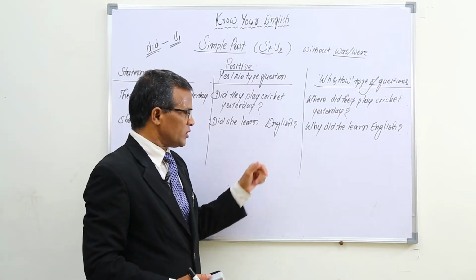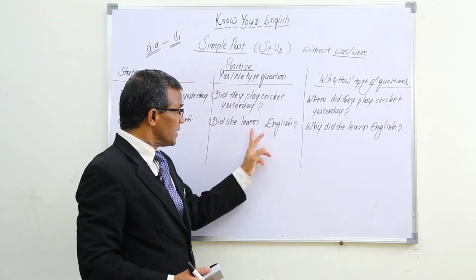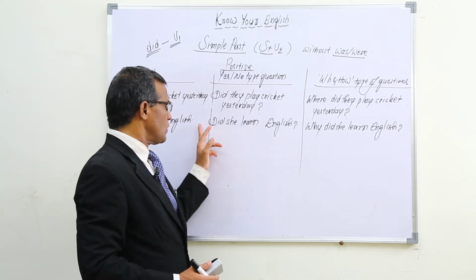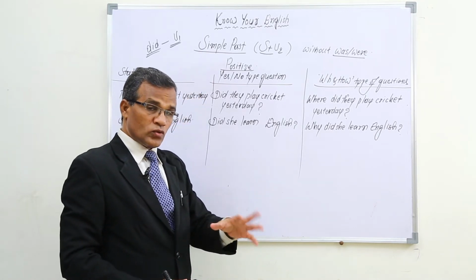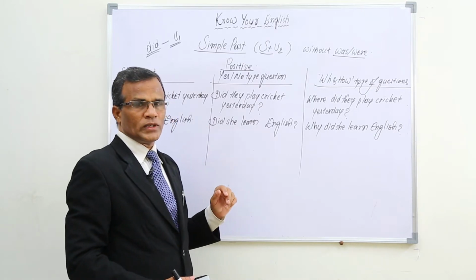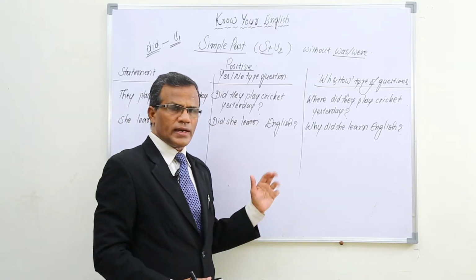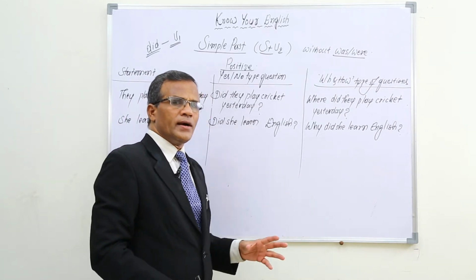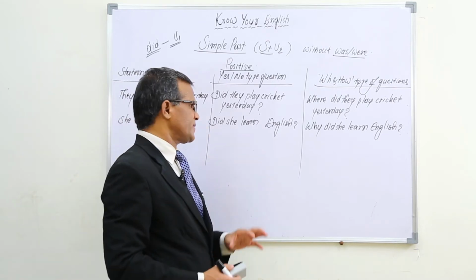Where did she learn English? How did she learn English? What language did she learn? In which institute did she learn English? Like that you can simply add those words to this yes or no type question.